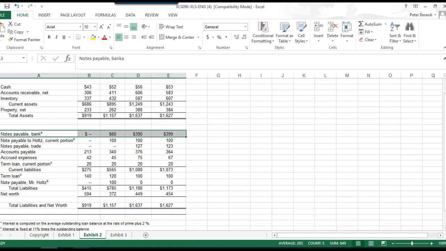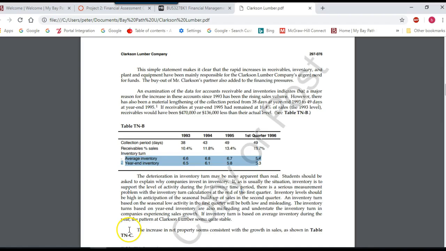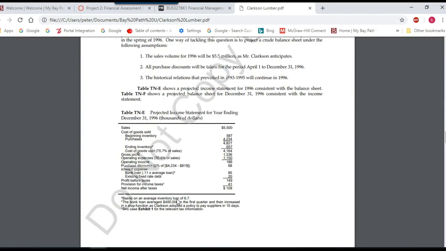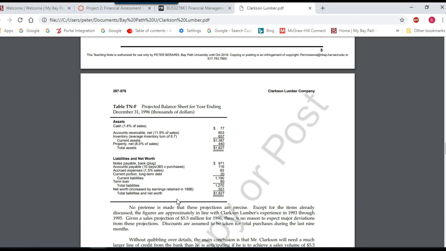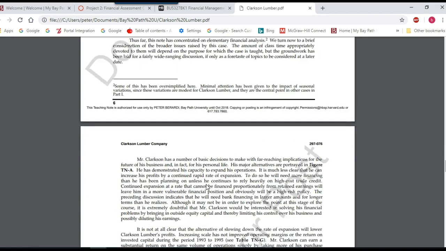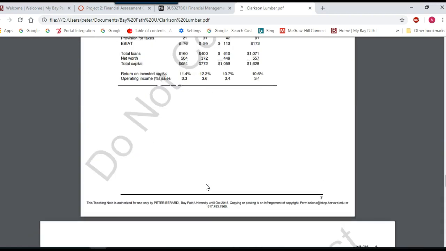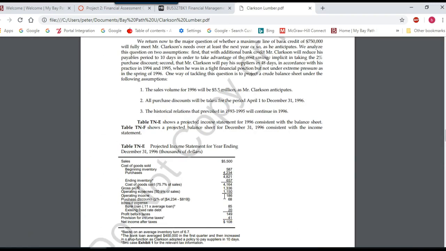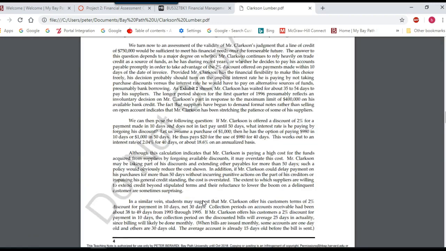And if you go into the case study here, it does some of that. It takes the receivables as a percent of net sales and adjusts that. And it also shows you, let me see if I can get to the cash flow statement on here.